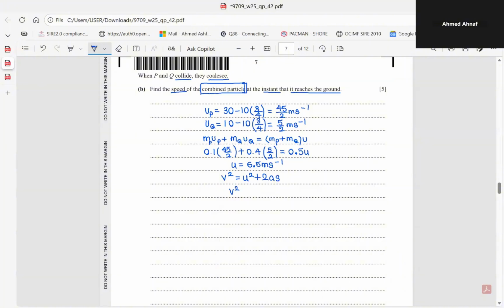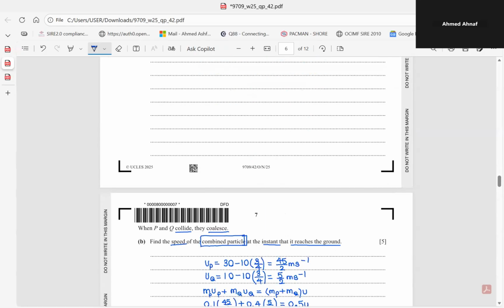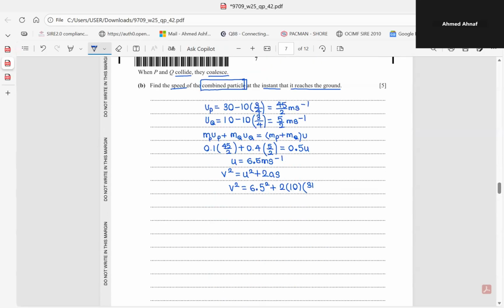So v squared equals 6.5 squared plus 2 times a, where a is g, which is 10, and s, which is 315/16. And if you want to get v directly, just square root everything. So the square root of 6.5 squared plus 2 times 10 times 315 over 16.